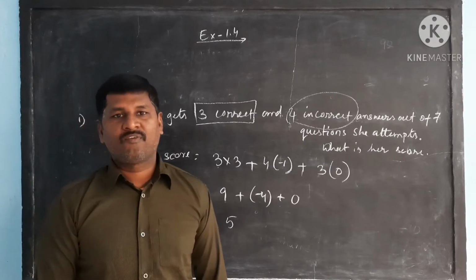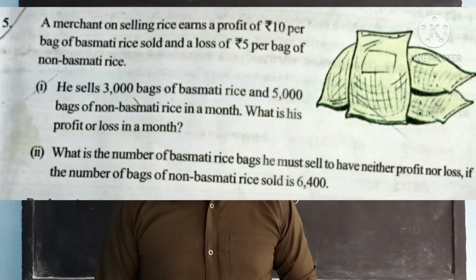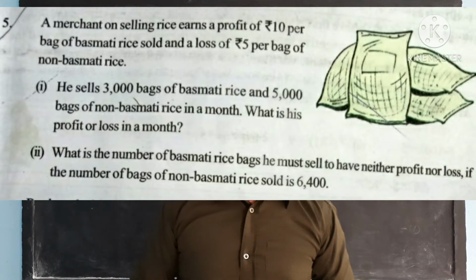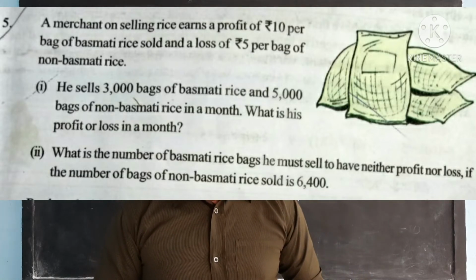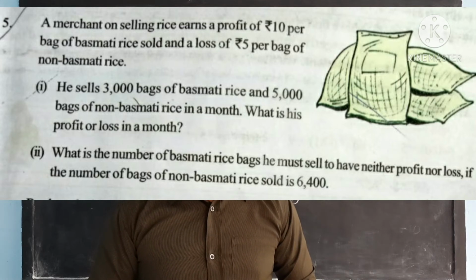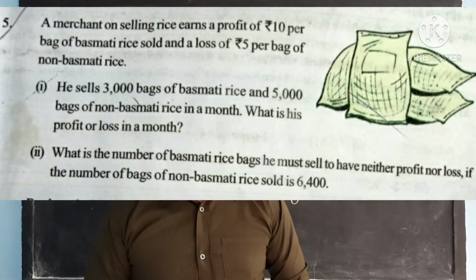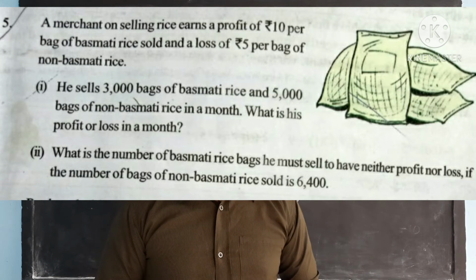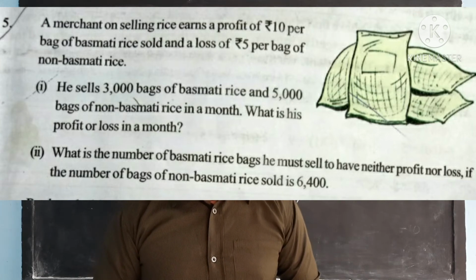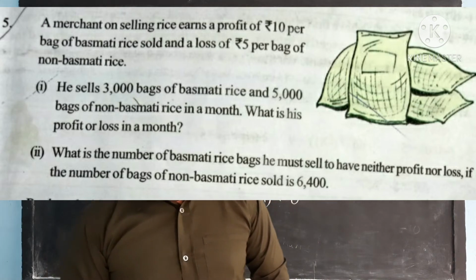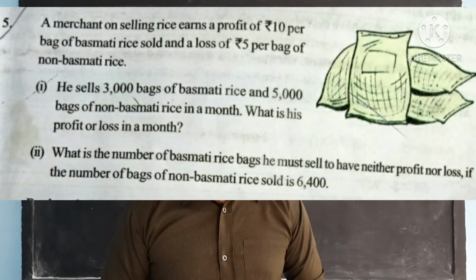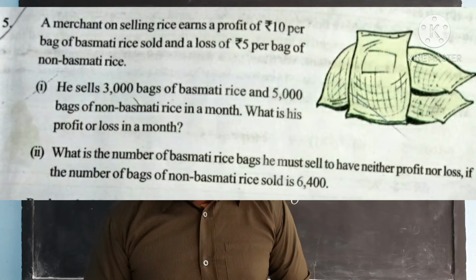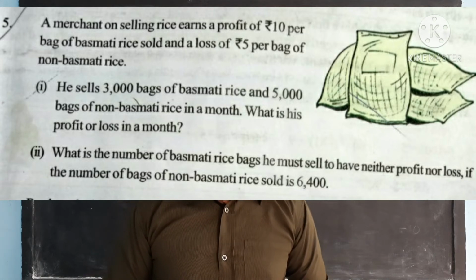Now let's move to the fifth question. In the fifth question, it is given that a merchant on selling rice earns a profit of 10 rupees per bag of basmati rice sold and a loss of 5 rupees per bag of non-basmati rice. The first question: he sells 3000 bags of basmati rice and 5000 bags of non-basmati rice in a month.